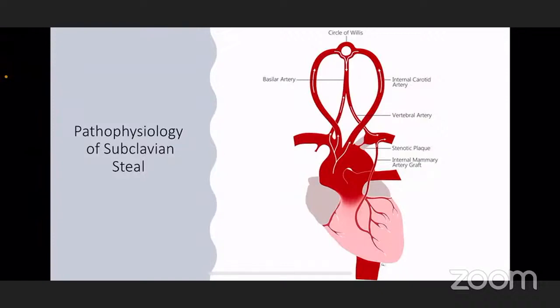But you have your LIMA anastomosed to the LAD, and basically you have a proximal stenosis, and your LIMA is anastomosed to the LAD distal to that stenosis, and you have the retrograde blood flow coming from the LAD through the LIMA and then to the subclavian by the previously mentioned mechanism.